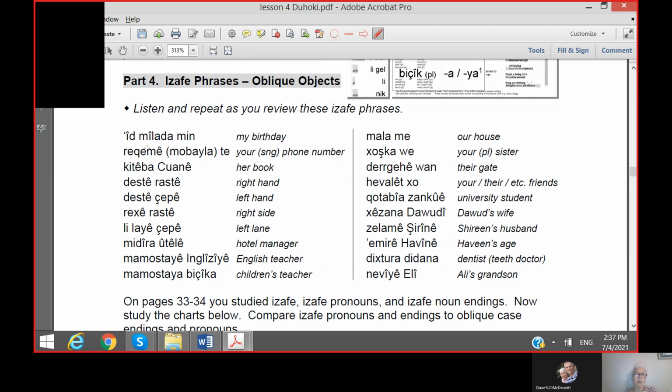These should be recorded in your audio recordings, but for example, Eid Milad Min, my birthday. So here, this is izafe, and this min is the object of this izafe phrase. And so min has to be in the oblique case.